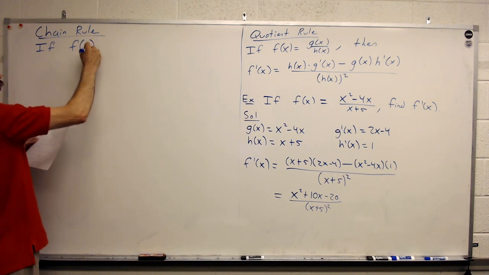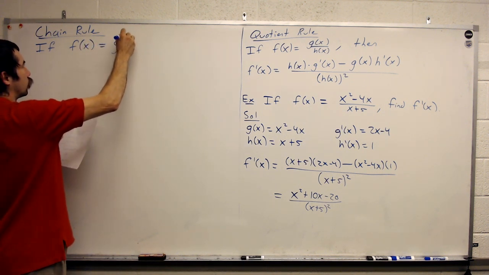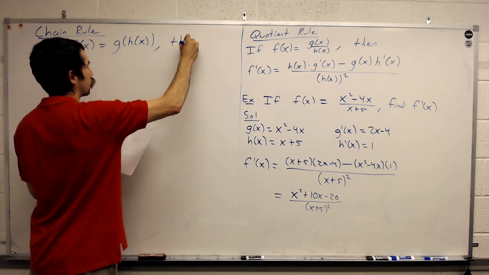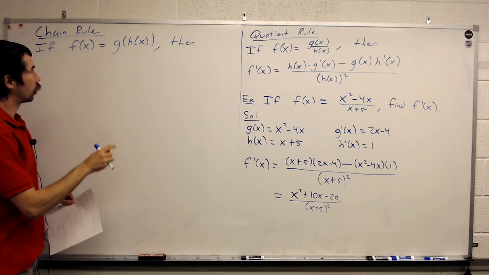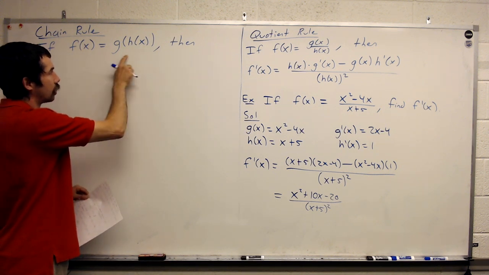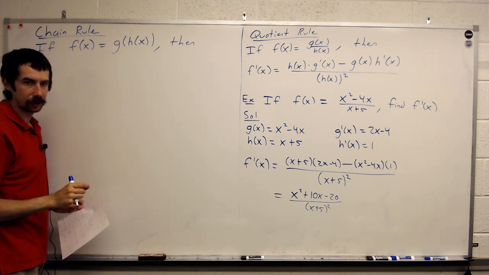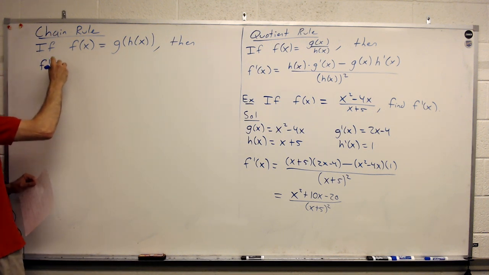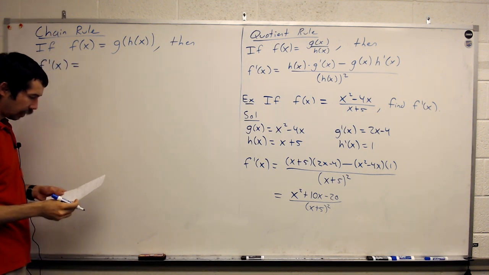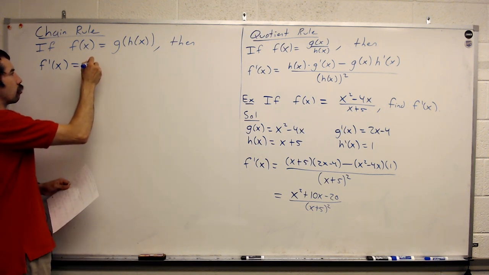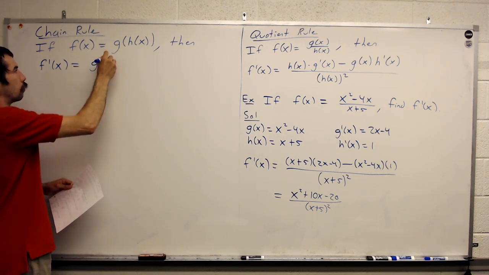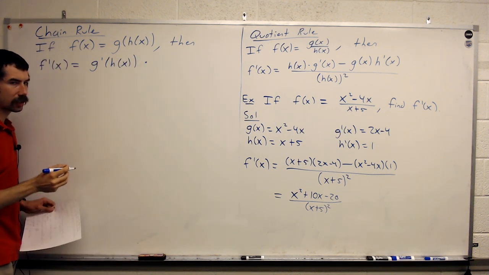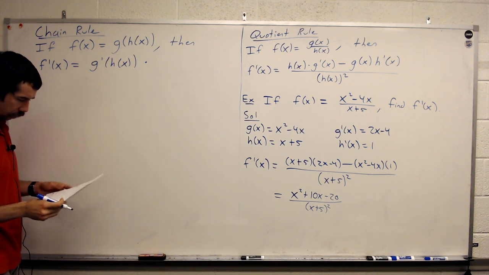if f of x equals g of h of x. All right, so if our function is the composition of two functions, then the way we take the derivative of the composition of two functions is we take the derivative of the outside function composed with the inside function times the derivative of the inside function.